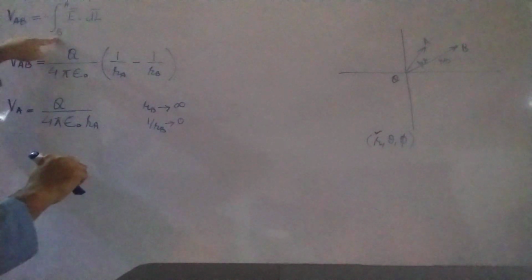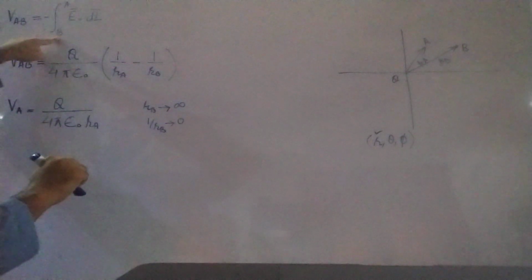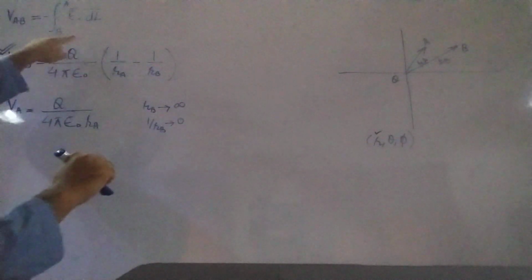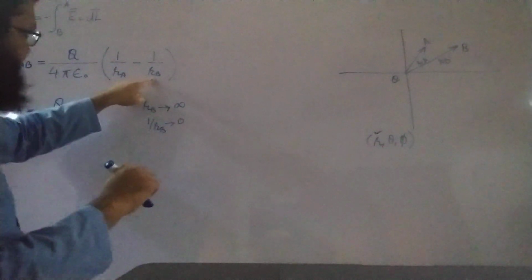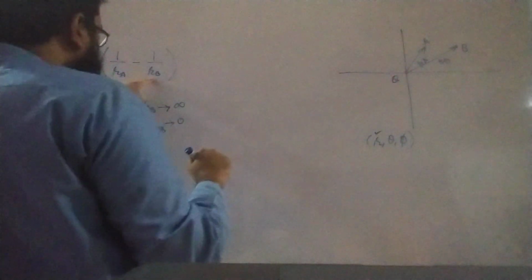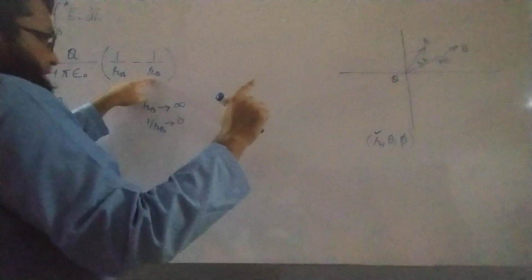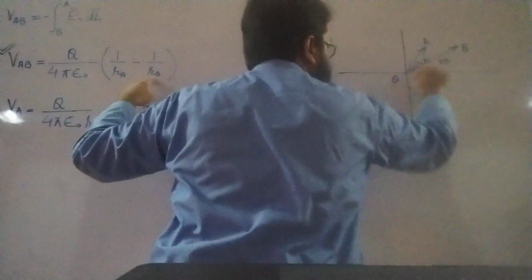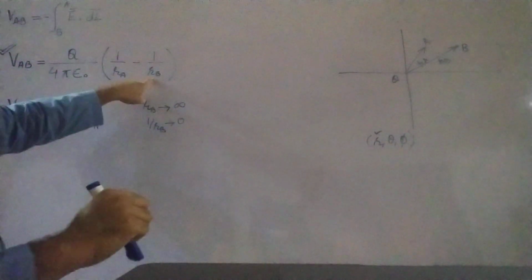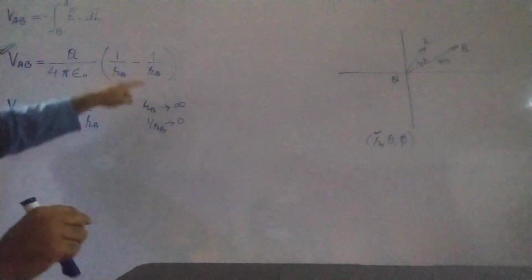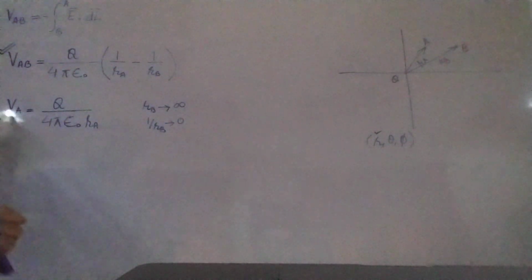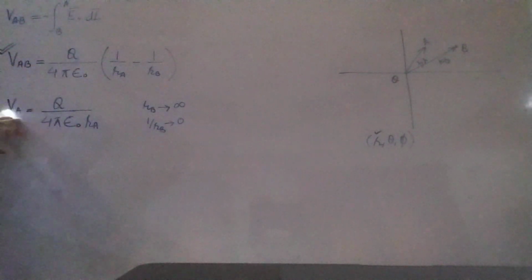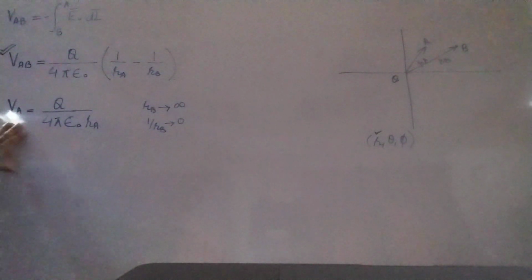So to put the initial point at infinity, the distance of the field point B from the origin, which is RB, should be infinity as well. Then this reciprocal will be 0, and the potential difference expression is converted to the absolute potential expression.